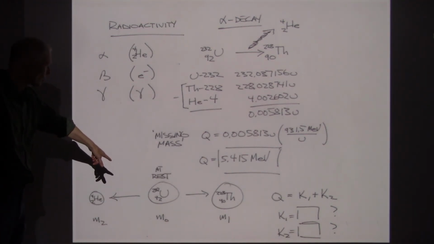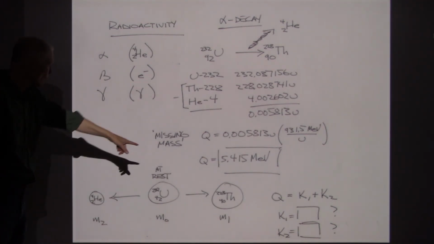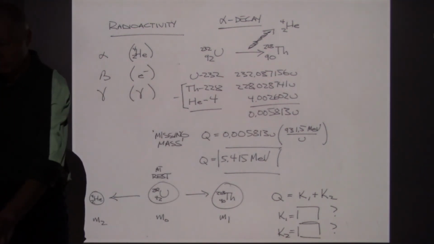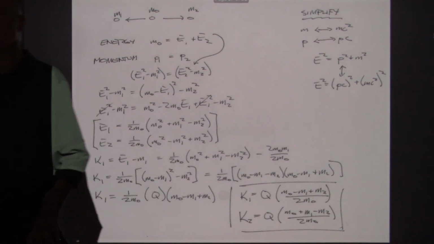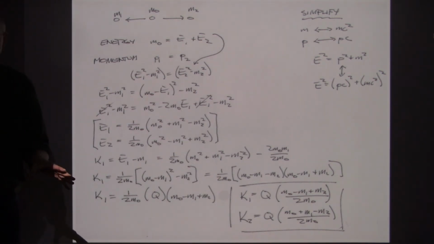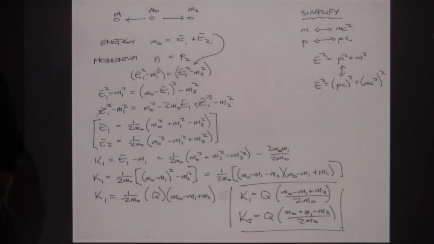The mass we start with is m naught. M1 and M2 are the masses of the two pieces. What we did back in the relativity chapter, I'm not going to go back through the derivation. Again, all we're interested in is the results. If you want to see the derivations, go ahead and sort through that. Stop by office hours if you've got questions.